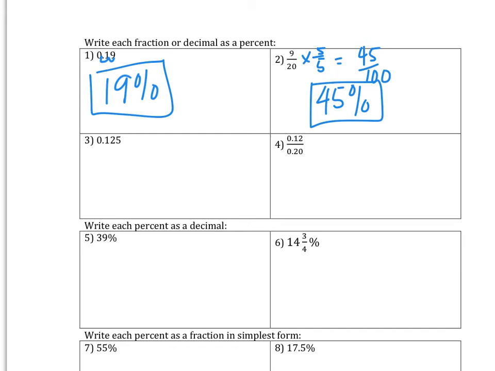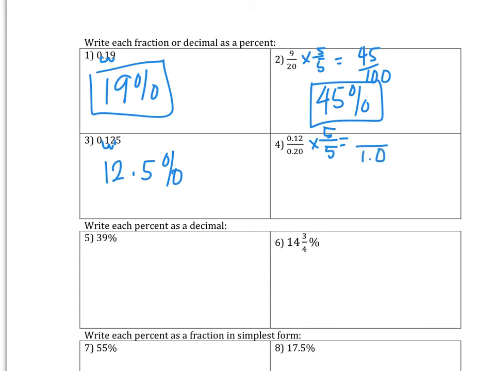Number 3, move it over 2 place values. It's right there, so it's 12.5%. Number 4, we're going to multiply both sides, top and bottom, by 5, and that's going to give us 1.0.